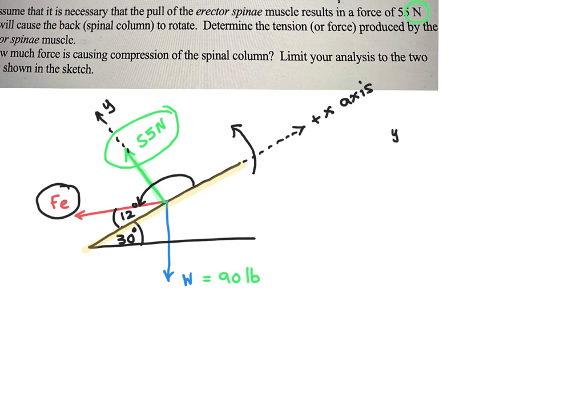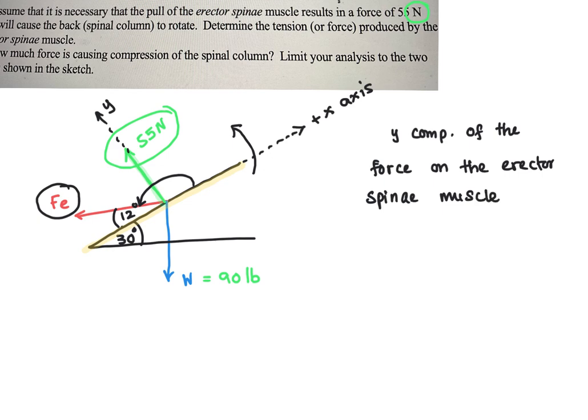The y component of the force on the erector spinae muscle equals F E Y, and that F E Y equals 55 Newton.